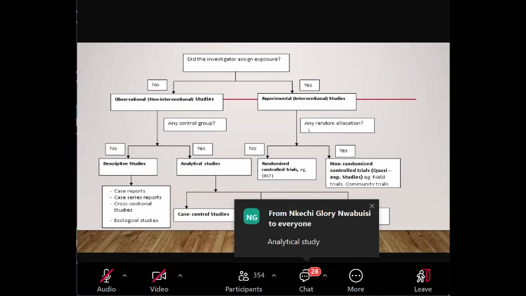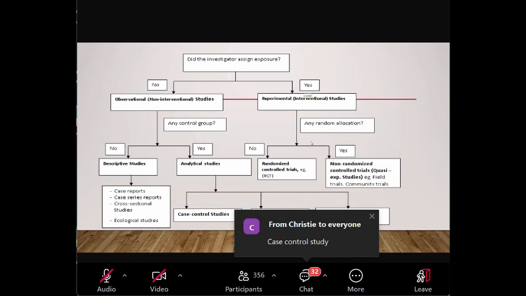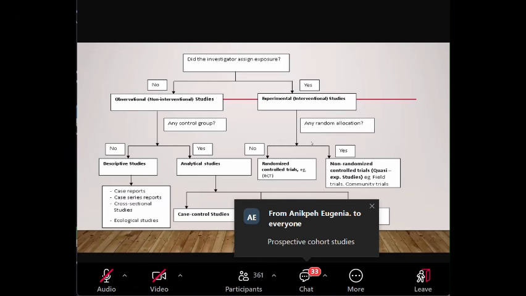So we're in order, and then we start cohort. All right, so case control studies we did.